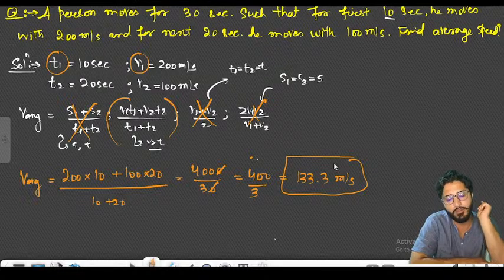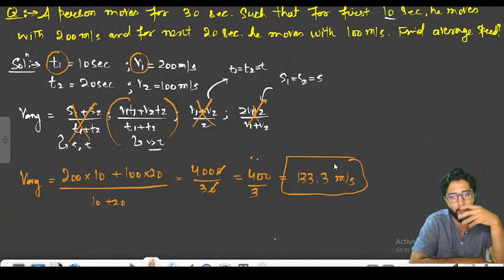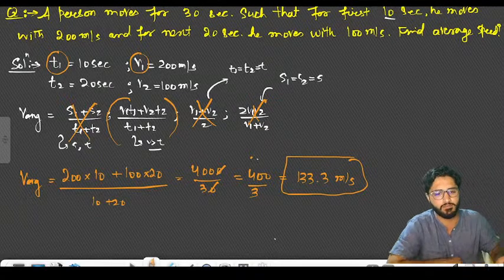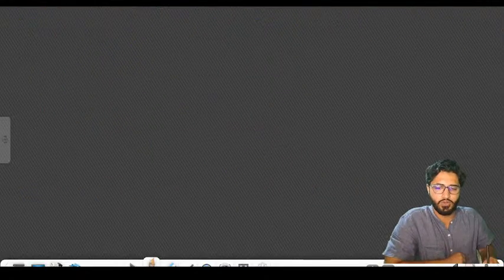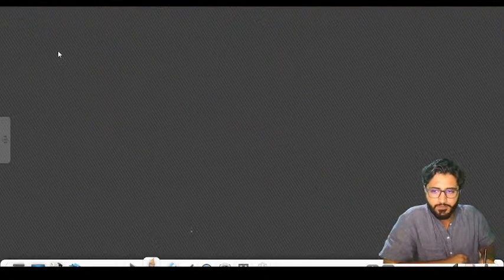Then we are done with one numerical in which we applied a formula that we got right after the first two slides. Now one more numerical. I will write the parameters only.